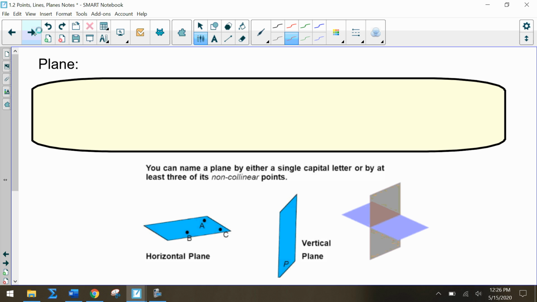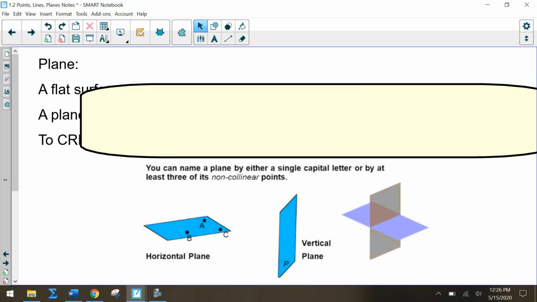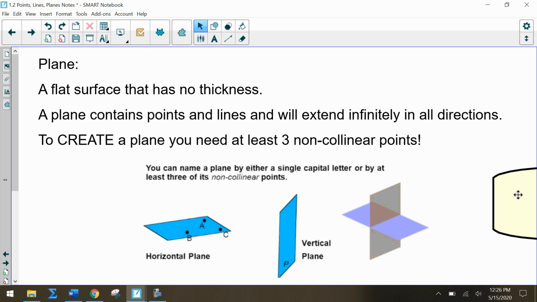Okay, so a plane. This could be new, but if you think about it, a sheet of paper is a plane. Okay? A plane is a flat surface that has no thickness. And a plane contains points and lines and will extend infinitely in all directions.